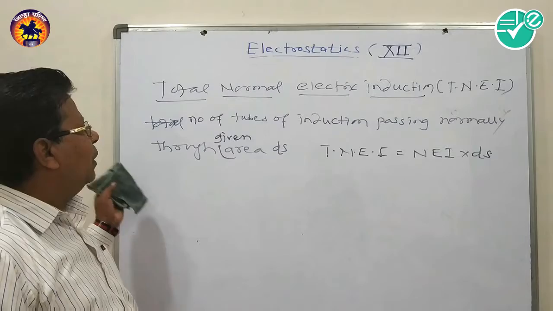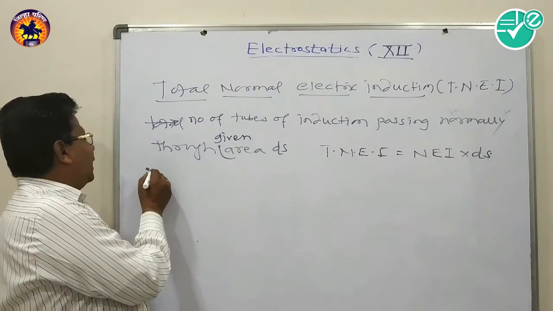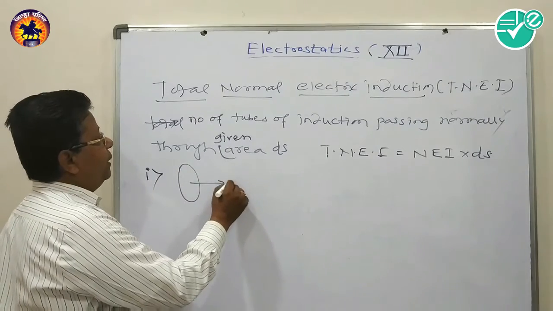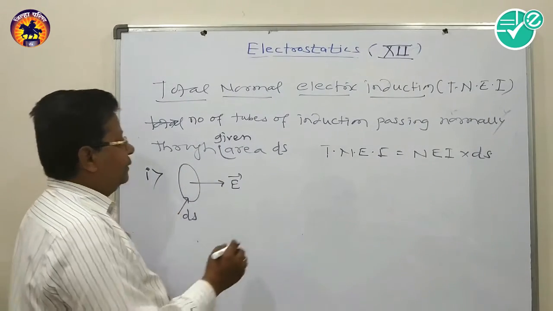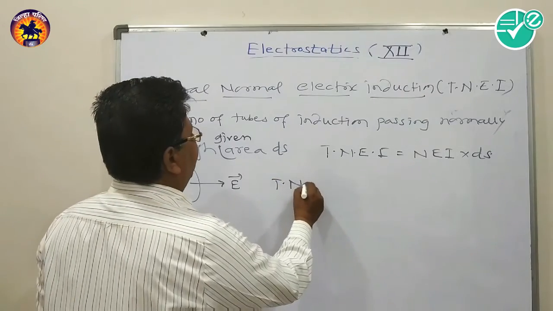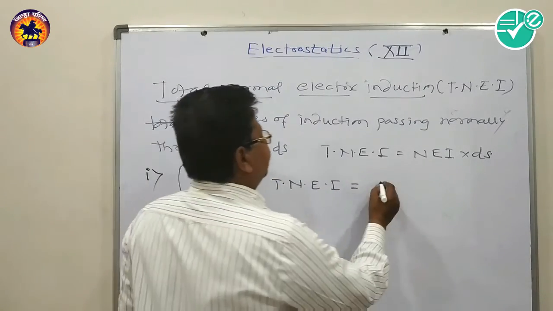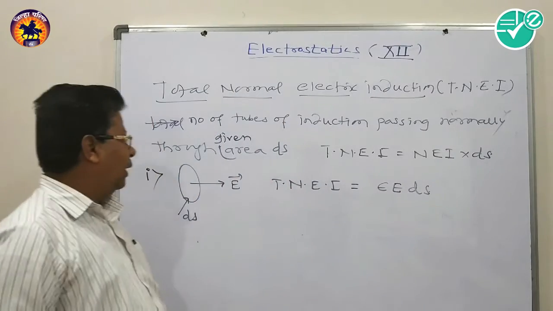Again, in this case, we study two different cases. If area ds is perpendicular to electric intensity, then total normal electric induction is equal to epsilon E into ds.